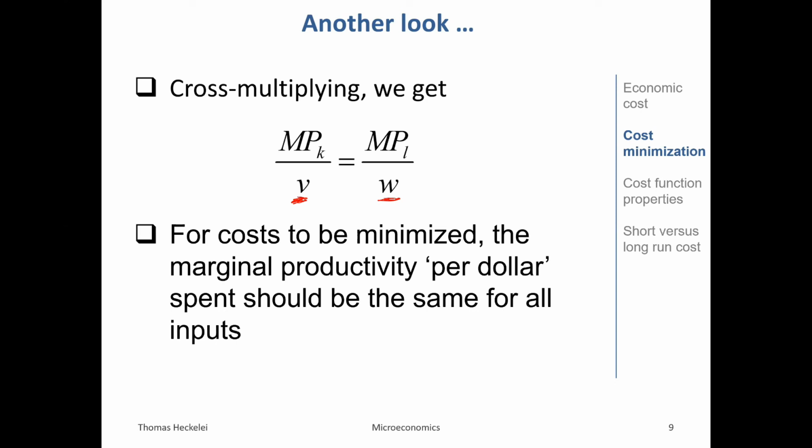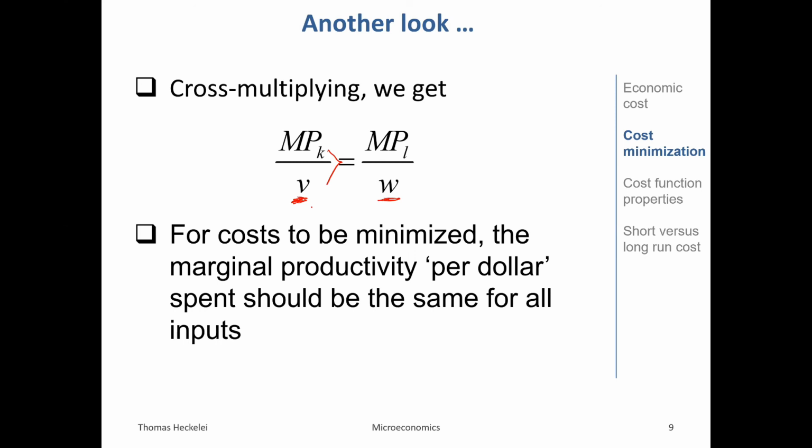Why? Because if, for example, the marginal productivity per dollar you spend on K is, let's say, larger than that of labor, then you would want to use more K instead of L, right?